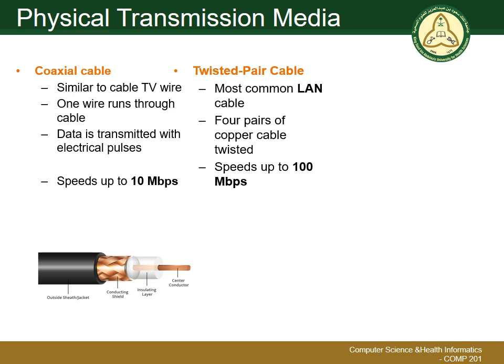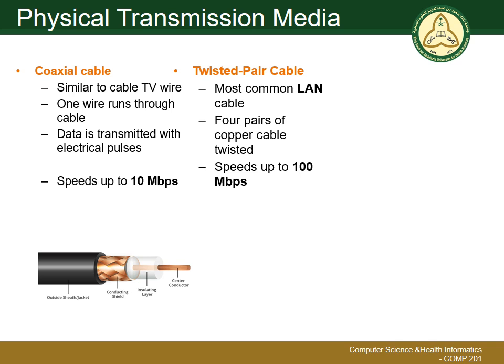Next one is the twisted pair. This type of cabling is very common in the local area network. It usually consists of 4 pairs of twisted copper cable, with speed up to 100 megabytes per second. As you see, this is faster than the coaxial cable.